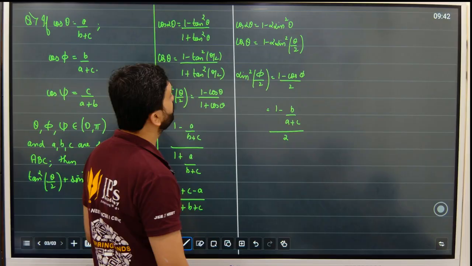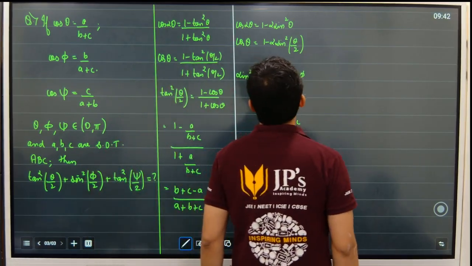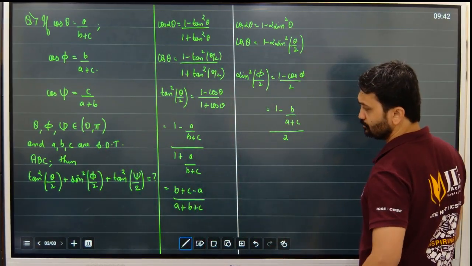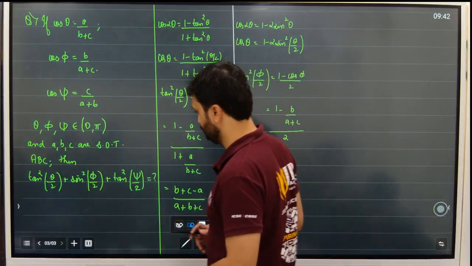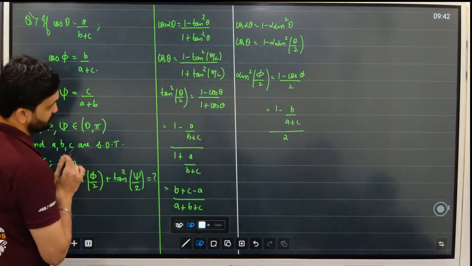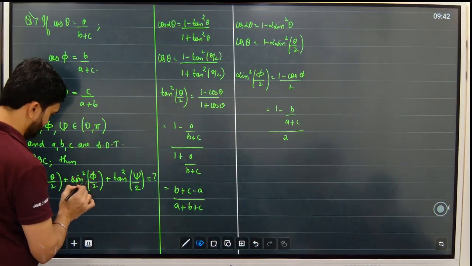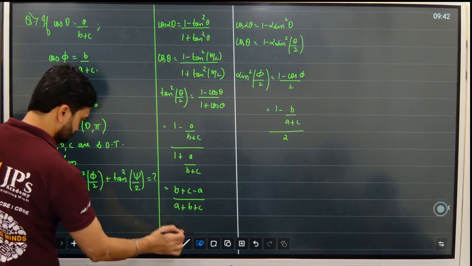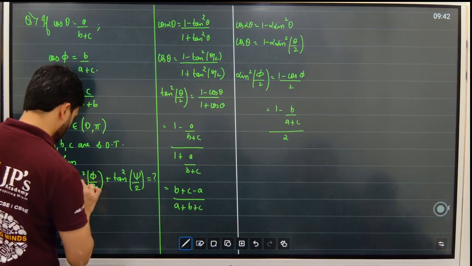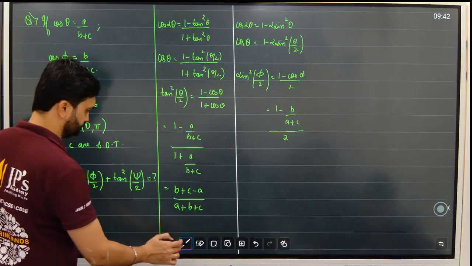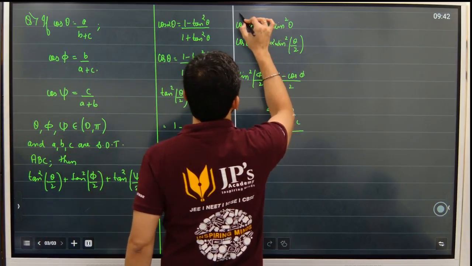Actually it should be tan square phi by 2, right? Do one thing, take this as tan square phi by 2, not sin square, take tan square. Take this also as tan square. So we'll use the same formula, guys.